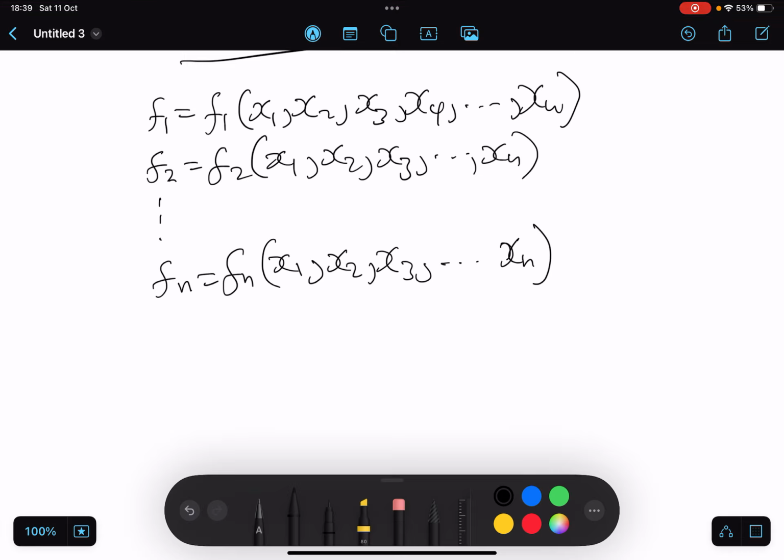Okay, so now we have a system of equations. We are given this system of equations, and we want to find what you call the Jacobian.